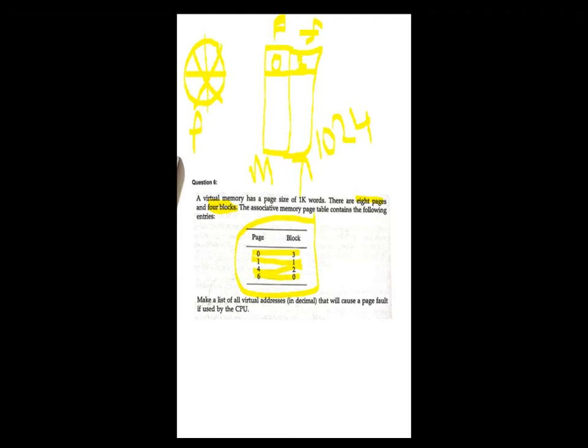So now he is saying that it is already given that only these pages are there in main memory. Okay. So total pages are how many? Here the total is 8 pages, but out of 8 pages, only pages 0, 1, 4, 6 are in main memory, right?